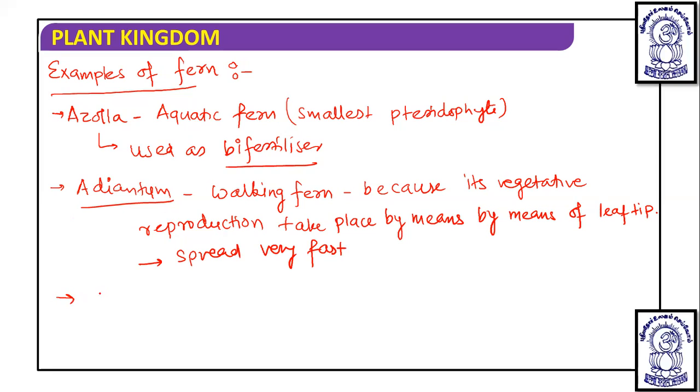After this, the next example included is Alsophila, which is a tree fern and is considered the largest pteridophyte.